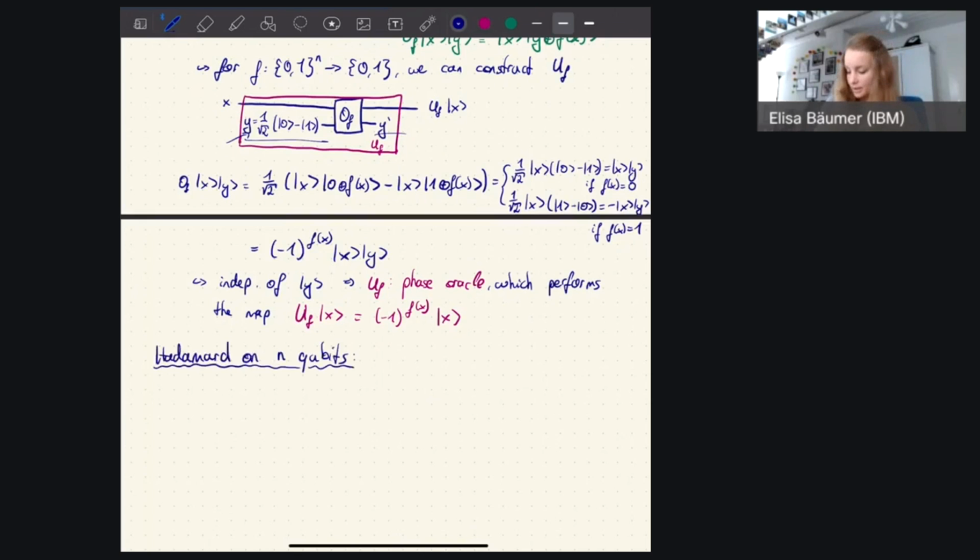For that, we recall that if we apply Hadamard to the state 0, we get the state plus, so we get the state 1 over square root of 2 times 0 plus 1. If, however, we apply it to state 1, we'll get the minus state, so we'll get 1 over square root of 2 times 0 minus 1.